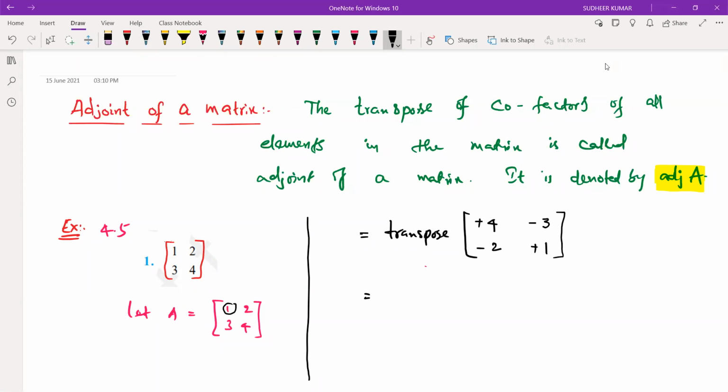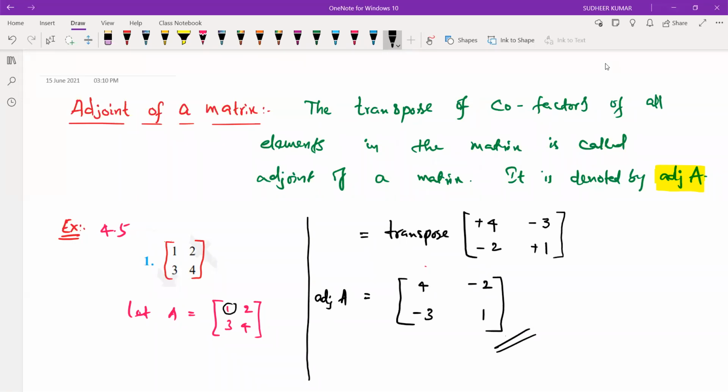So adjoint of A is, write its transpose. So we'll get it as 4, minus 3, minus 2, 1. This is the adjoint of the given matrix A.